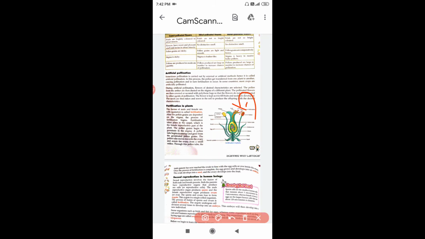Here is the egg cell. Here you can see, this is the egg.